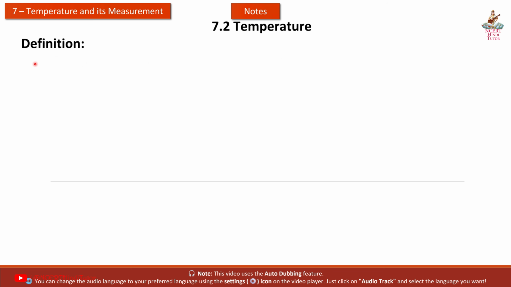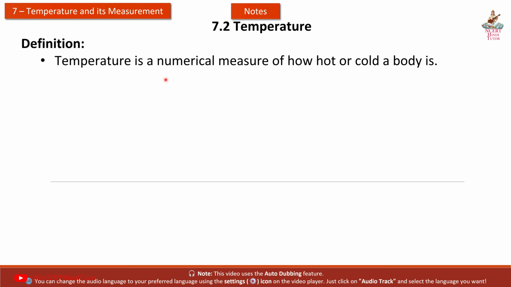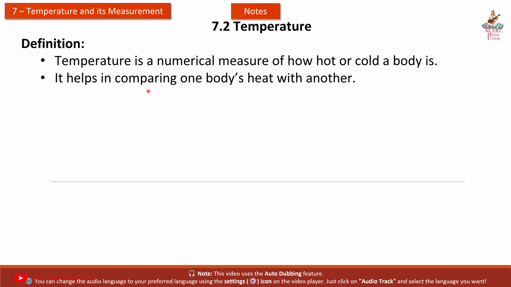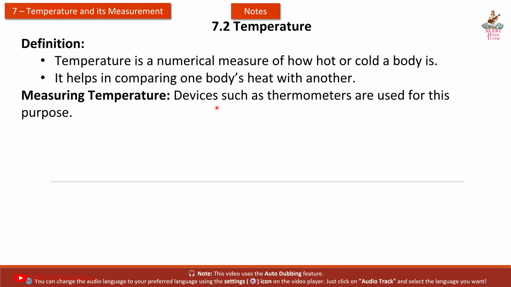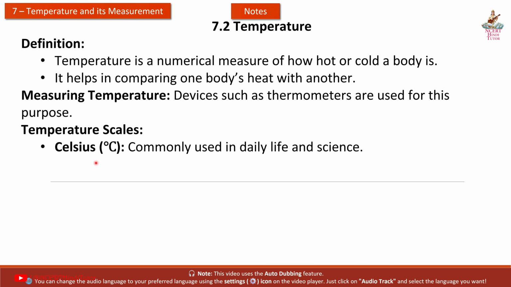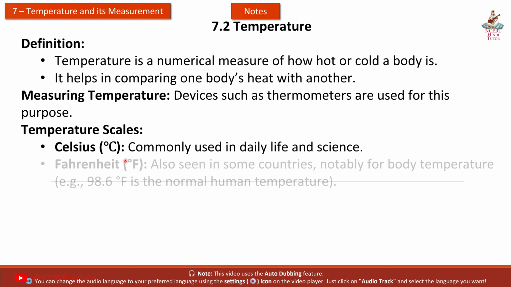7.2 Temperature. Definition: temperature is a numerical measure of how hot or cold a body is. It helps in comparing one body's heat with another. Measuring temperature: devices such as thermometers are used for this purpose. Temperature scales: Celsius, degree Celsius, commonly used in daily life and science.